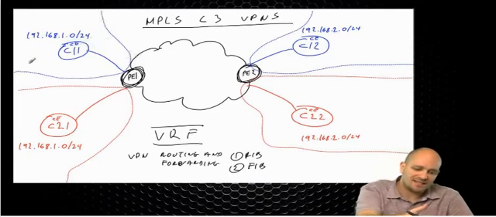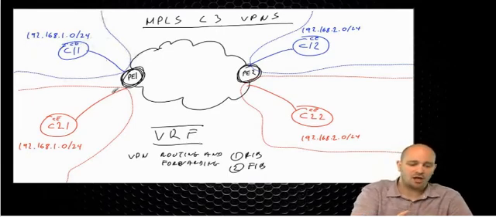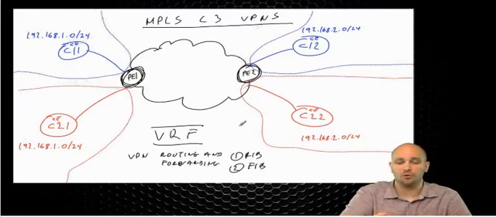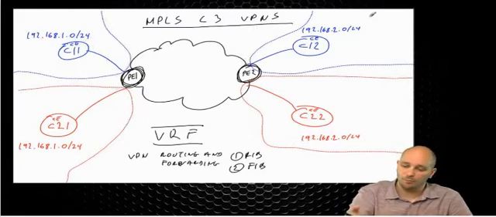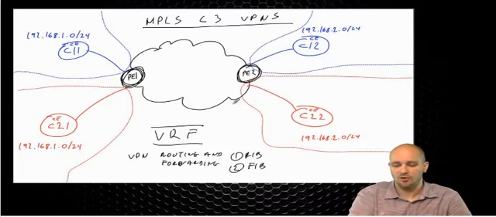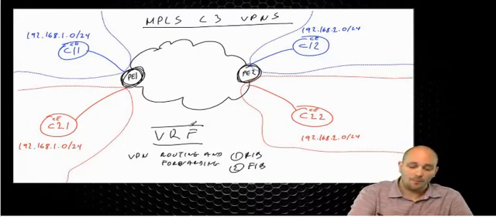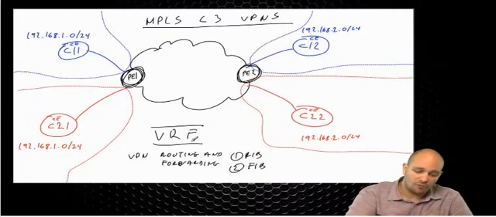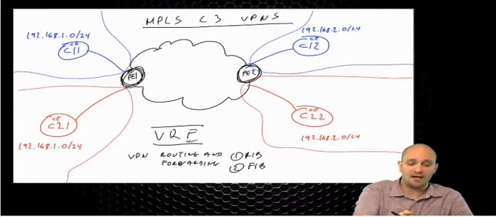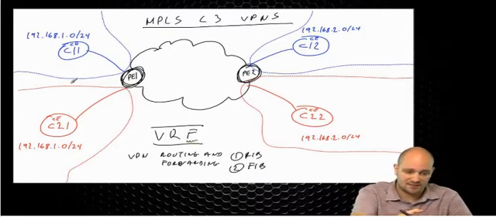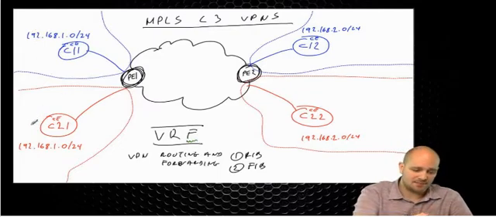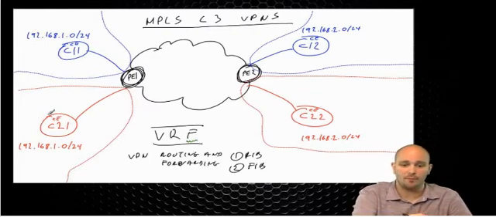So what we are creating is another instance of routing table here, another instance of routing table here, which is the same thing that we are going to be doing on PE2. We are creating a blue instance and we are creating a red instance. Now, but this also stands for forwarding table. So there will be a subset of CEF that is created that is going to be used for this domain, and a subset of CEF that will be used for this domain here.